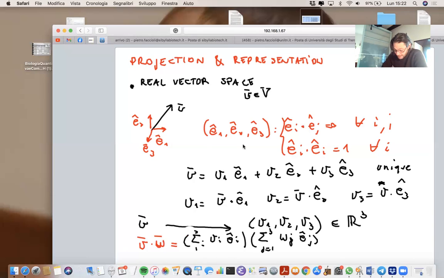Now I use the bilinearity of the vector space, which gives the sum over i, sum over j, of vi ei dot wj ej.